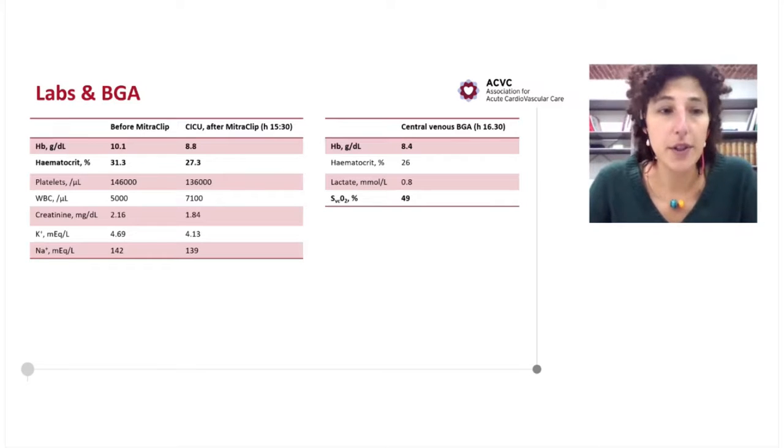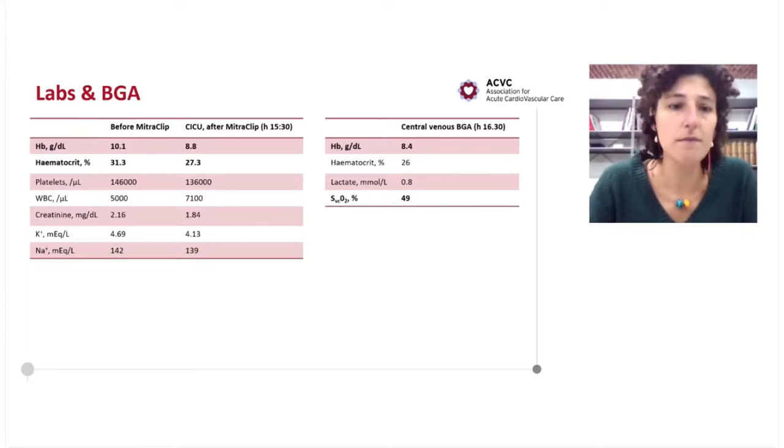So we reviewed the labs the patient had at the entrance of the ICU, and we noted a slight reduction of the hemoglobin and of the hematocrit. And we then performed a central venous blood gas analysis, which confirmed the continuing decrease of the hemoglobin. The lactate was normal, but we had an initial reduction of the central venous saturation of oxygen, which was 49%, indicating maybe the beginning of a shock.